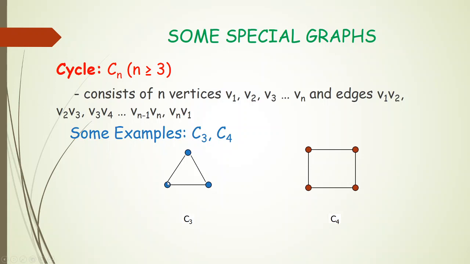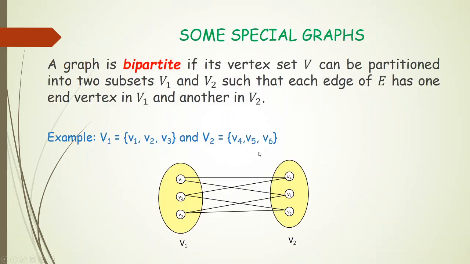So from this vertex to this vertex, there is an edge connecting them. And then from this vertex to this vertex, and from this vertex to the first vertex. So there is a cycle. Another is your C sub 4. So from this vertex to that, this to this to this, and then this to that. So you have here a cycle of order 4.